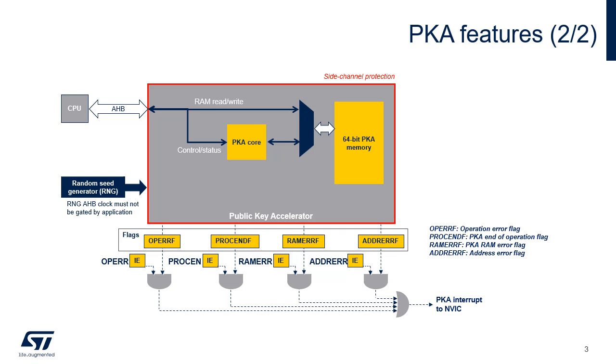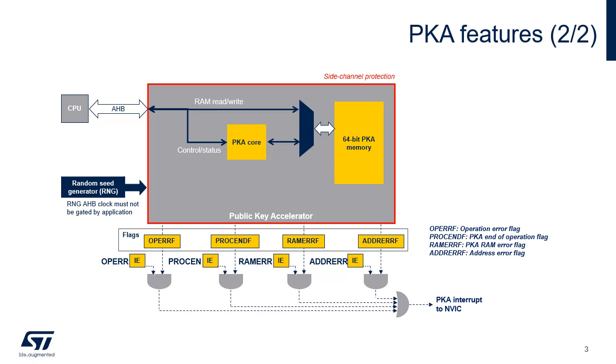All flags can generate an interrupt if the corresponding interrupt-enabled bit is set in OPRRIE, PROC-END-IE, ADD-RERRIE, or RAM-ERRIE. When the PKA peripheral reset signal is released, the PKA RAM is cleared automatically, taking 667 clock cycles.